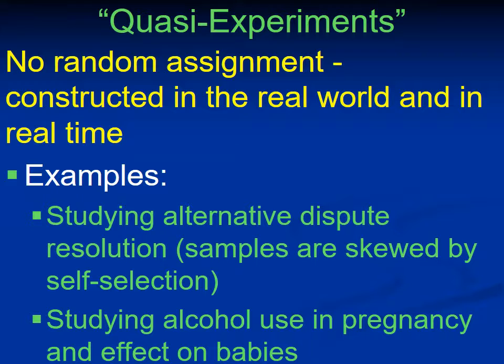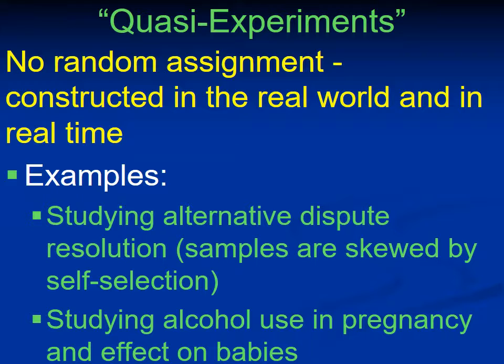So I have a couple of examples here. If you wanted to study alternative dispute resolution frameworks, a lot of mediation evaluation projects, for example, depend on quasi-experimental designs, right? They just look at outcomes of mediation. They look at satisfaction ratings by participants in mediation programs compared with people that are engaged in similar disputes who don't do mediation.